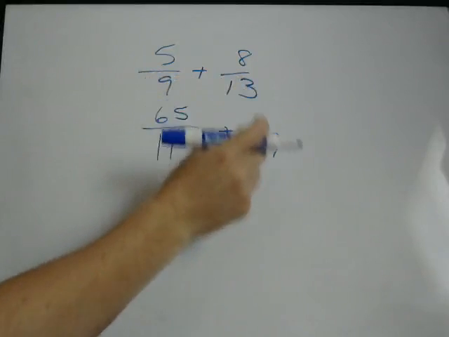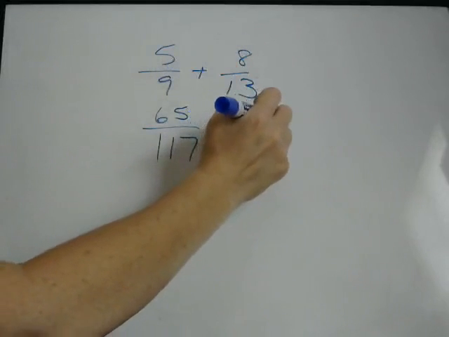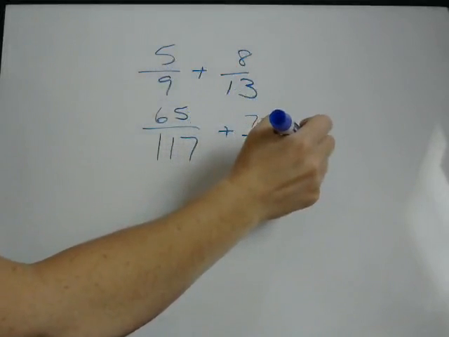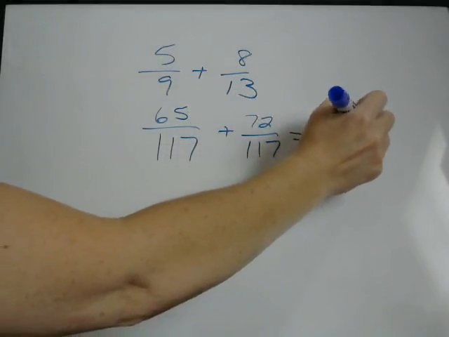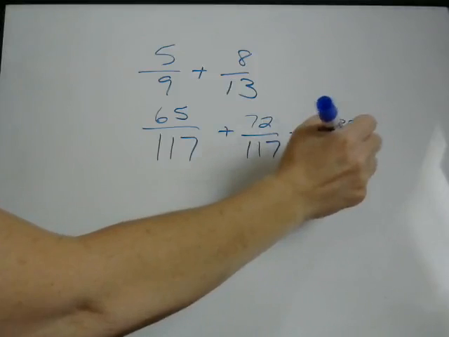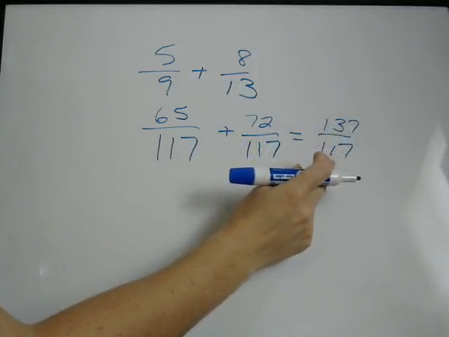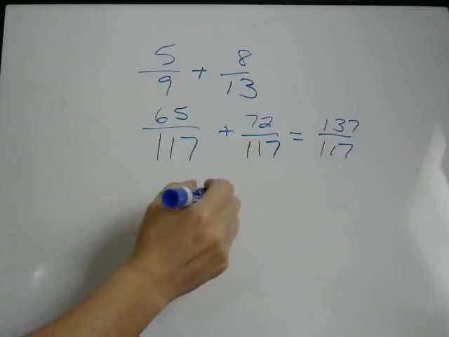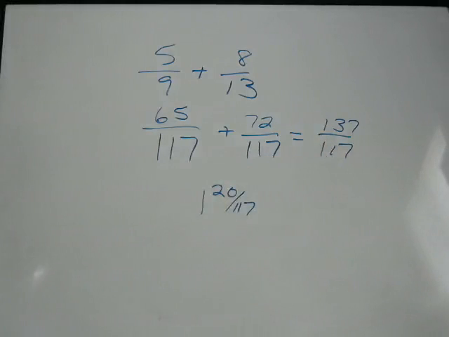Since we multiplied 13 times 9 to get this, we have to multiply 8 times 9, we get 72, and we end up with an answer of 137 over 117. Now this is actually already in reduced terms, so now we just might need to make it into a mixed number, which would be 1 and 20/117.